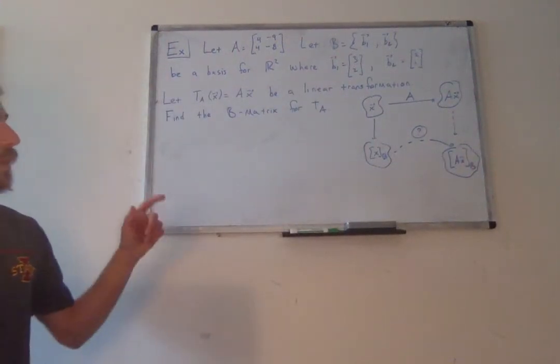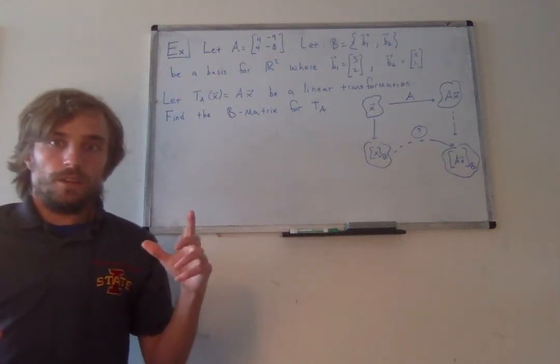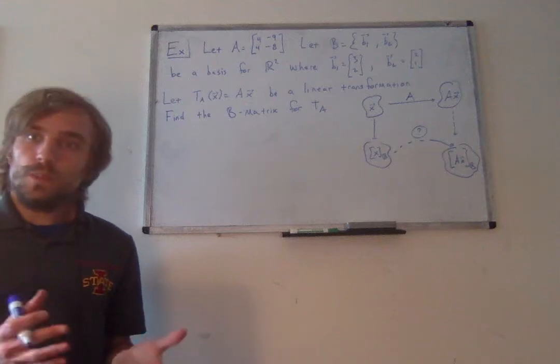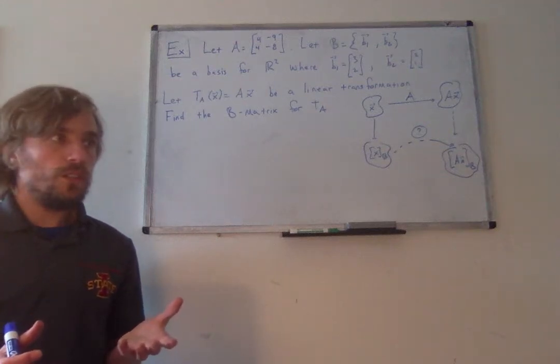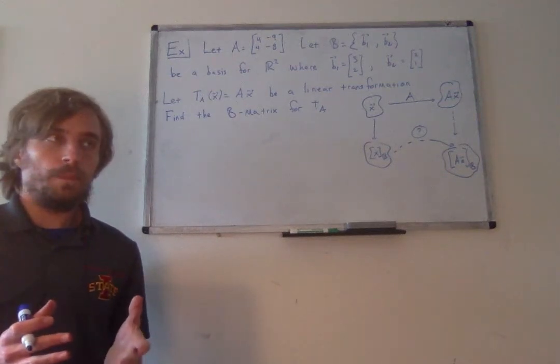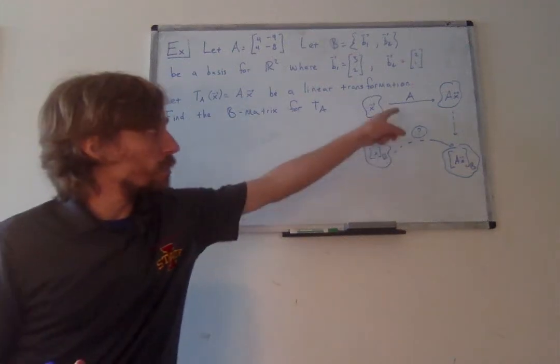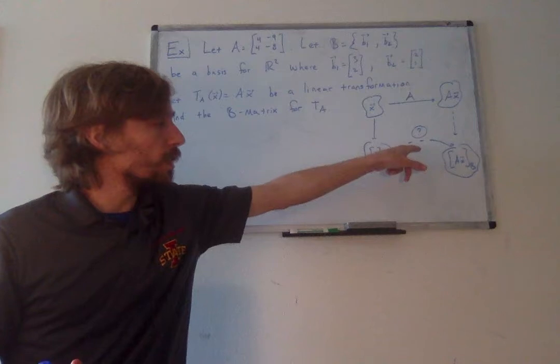Remember what we learned: if two matrices are similar under a specific matrix P that defines a basis, then these two matrices can go here.